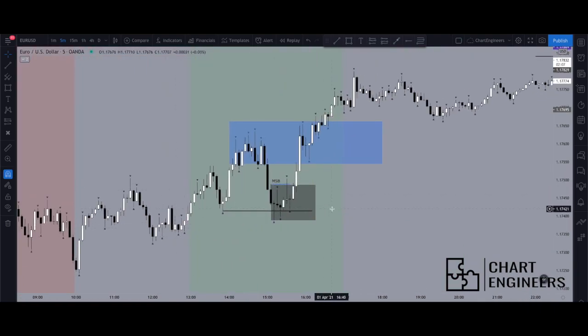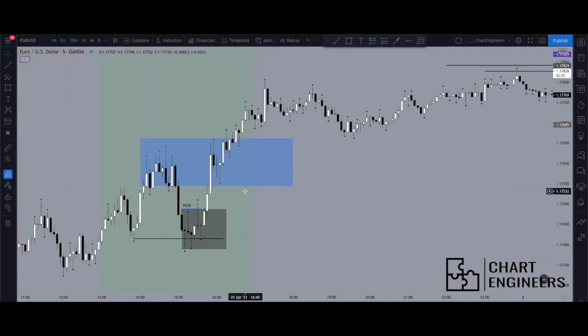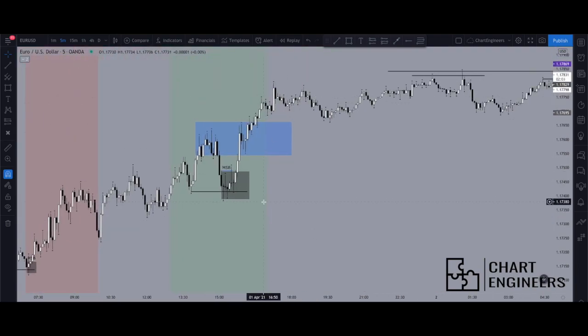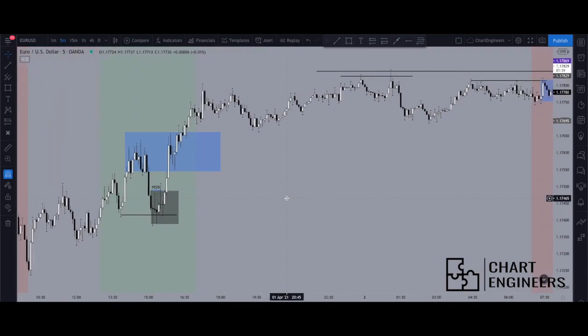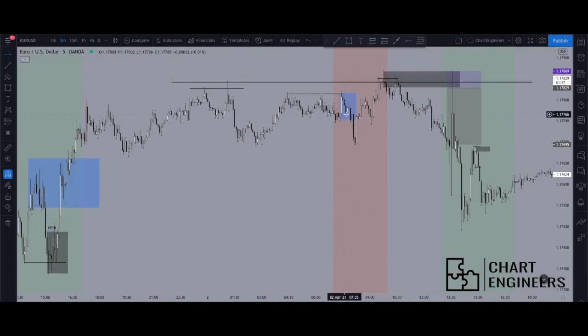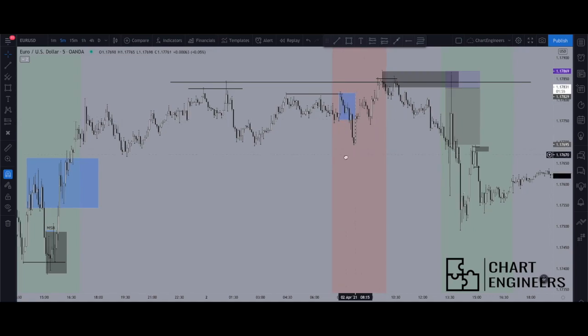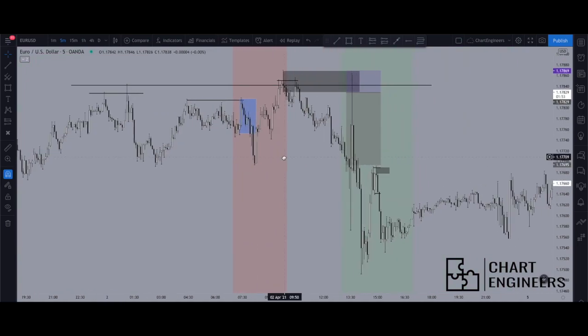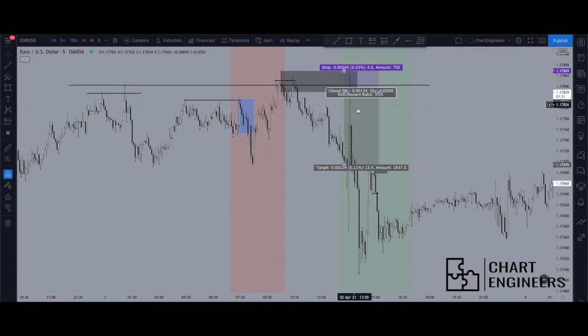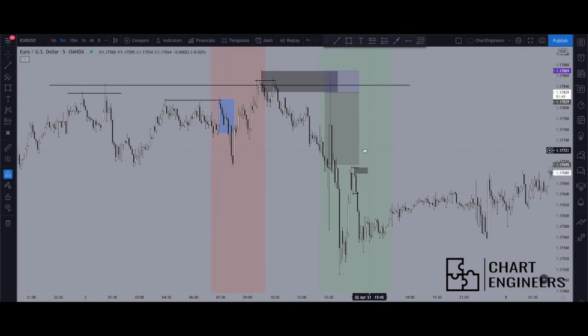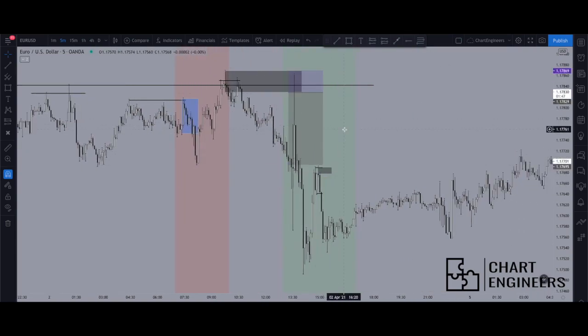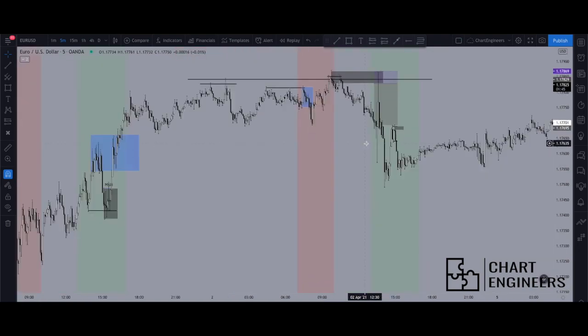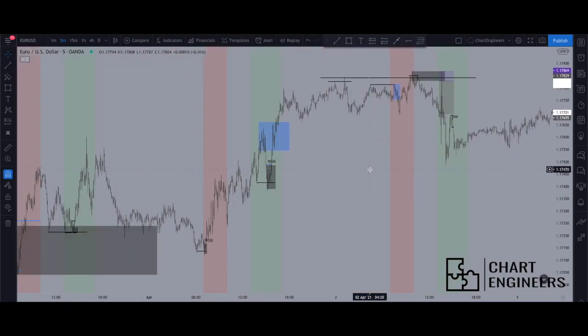And then again another win over here, which does 3 R as well, so now you're up 17 R for the week. And then you have a -1, so now you're at +16, and then a win during NFP, so +19 for this week.